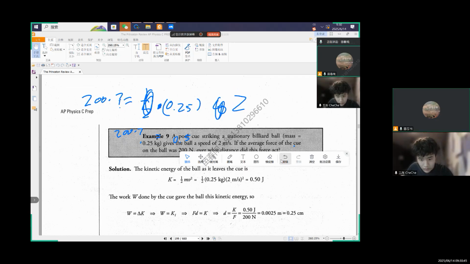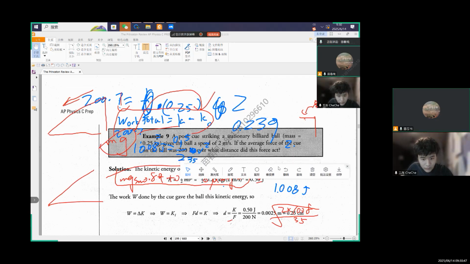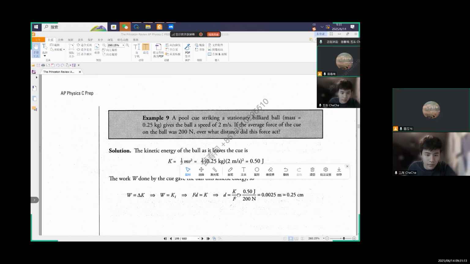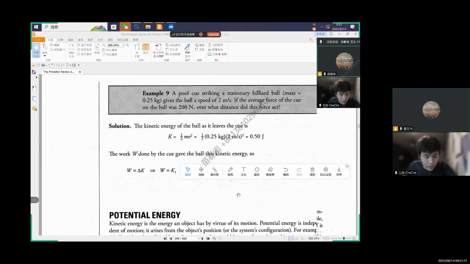And we also make a very short estimation of whether it makes sense. 0.1 centimeter is short, so a quarter of a centimeter makes sense in pool playing. Also you had to convert from meters to centimeters. This is also by estimation, because physics also makes a lot of mistakes, so it's better to use estimation a lot.